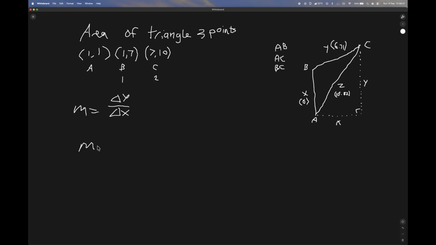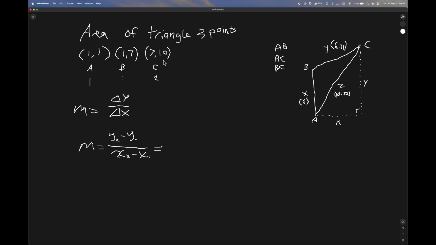So m is equal to y2 minus y1 over x2 minus x1. So we're going to use point A and C. Call this point 1.